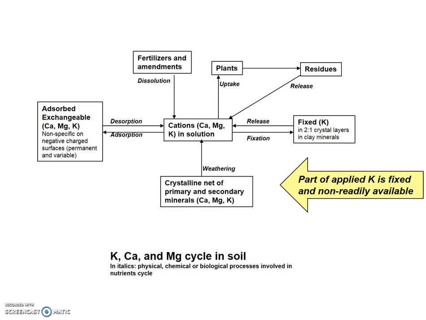In this diagram, we see the cycle of potassium in the soil. It could also serve for magnesium or calcium.